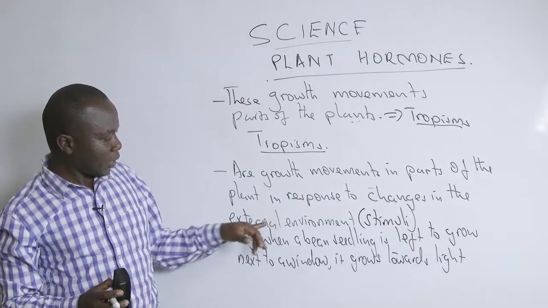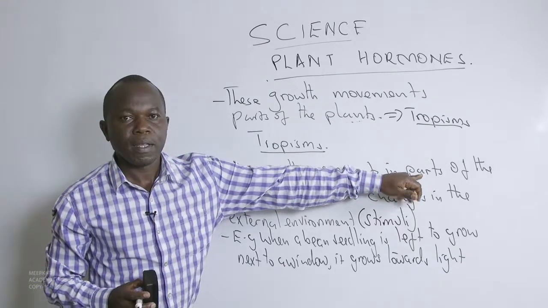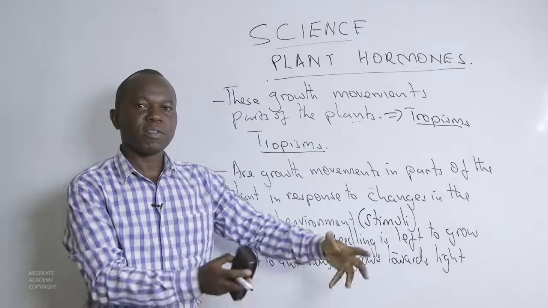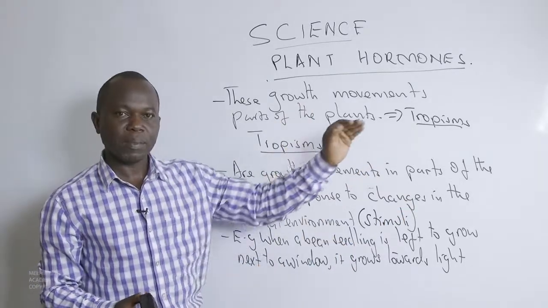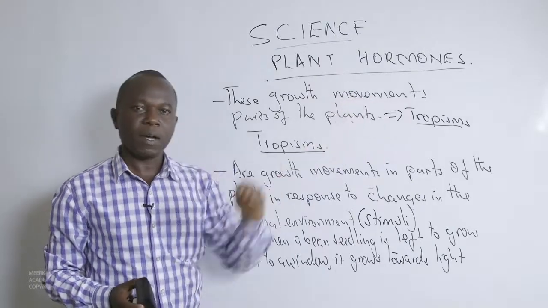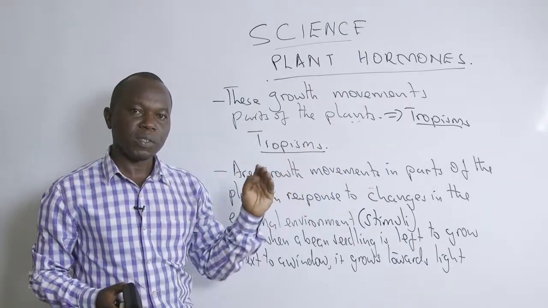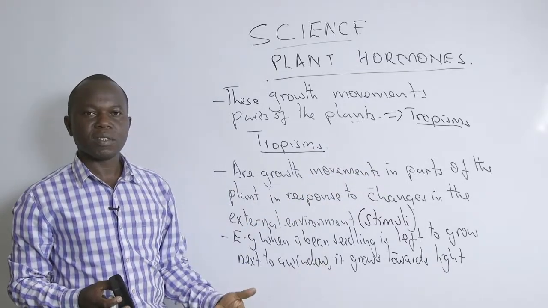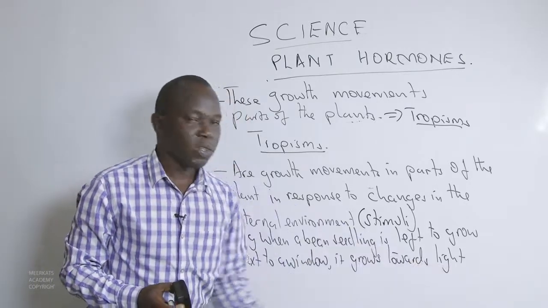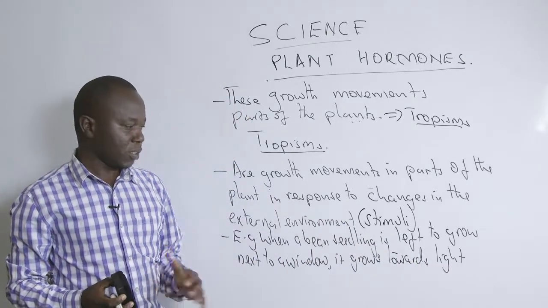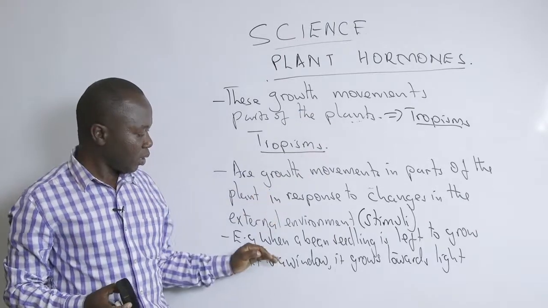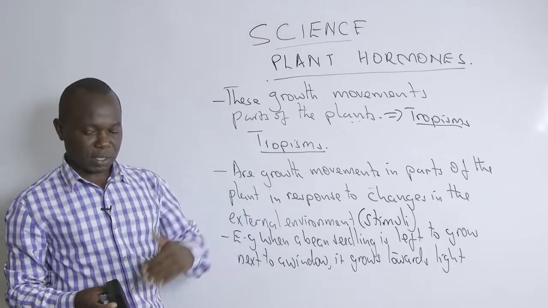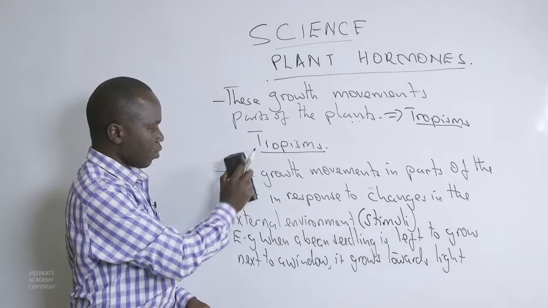So it is the part, remember parts, the shoot that is growing, not the whole plant moving. It could have moved if it had that ability, but it's just the parts that are continually extending through the window so that the plant can reach light. And light here is very important because it is a very important component of photosynthesis. So it is responding to the change in the external environment to reach light for photosynthesis.